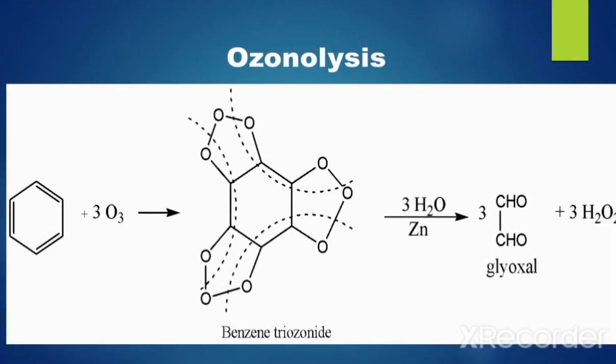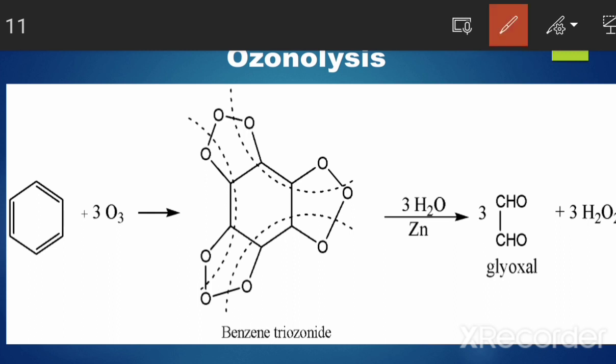Next is ozonolysis of benzene, a process in which ozone O3 molecule is reacted with a benzene ring, and we will have an intermediate, that is benzene triozonide, in which this ozone reacts with the benzene ring and completes the valency of carbon atom, in which the pi bond breaks, and carbon has to accept one electron to complete its valency.